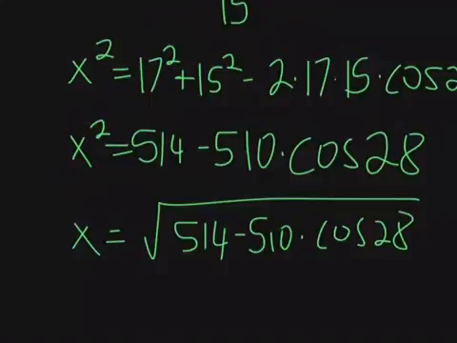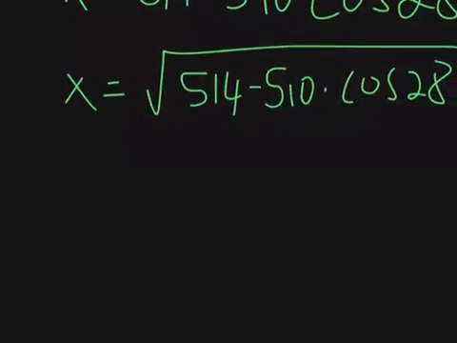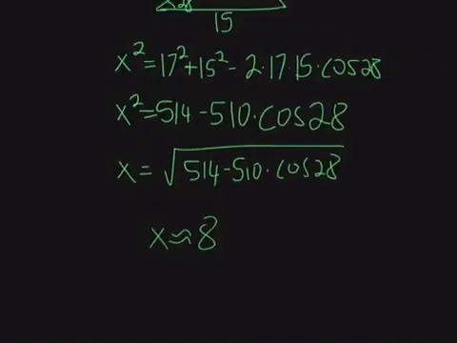That's approximately equal to 7.98. Alright, we can round that to 8. So we found out using the law of cosines that x is approximately equal to 8.